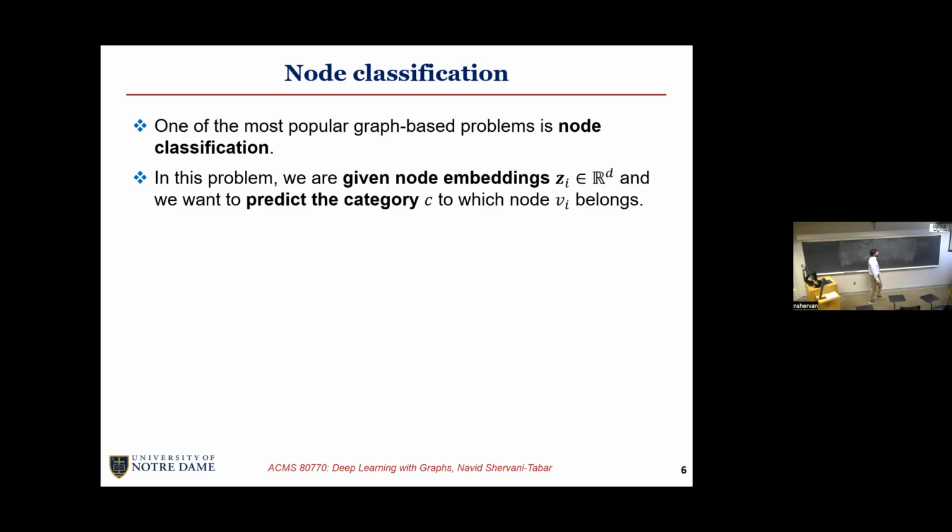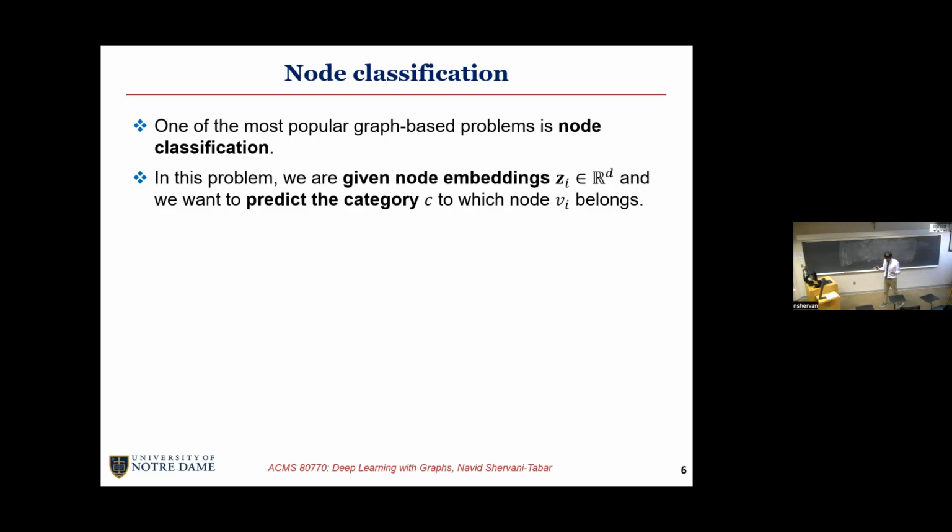So for the problem of node classification, we're going to have as input our node embedding z_i, and then we're going to use that in order to predict what category this node belongs to.